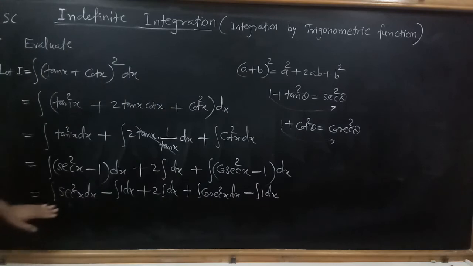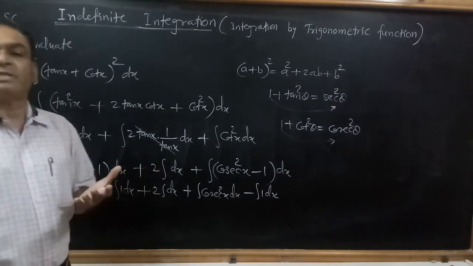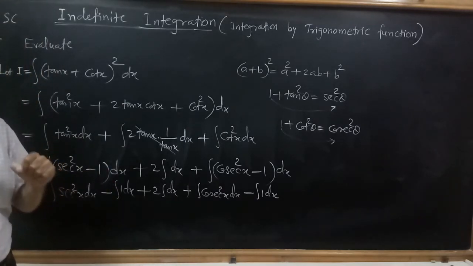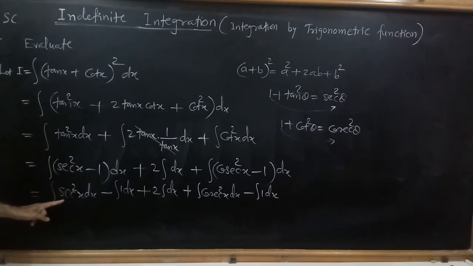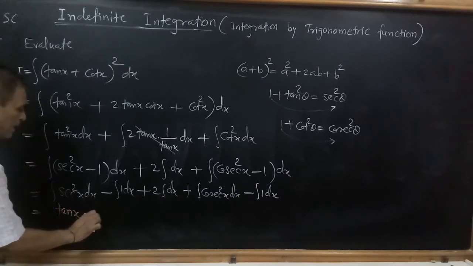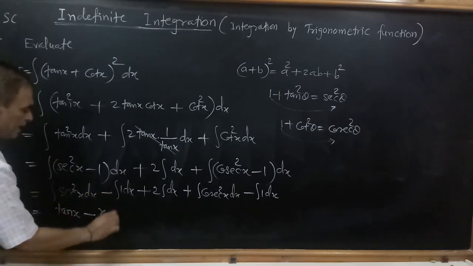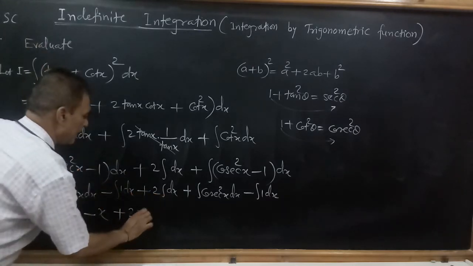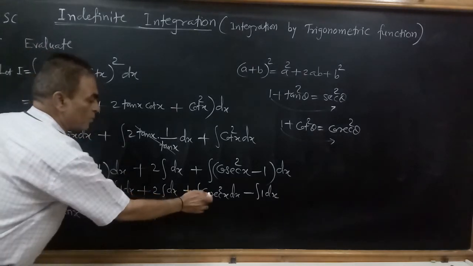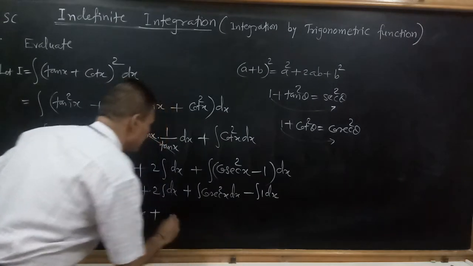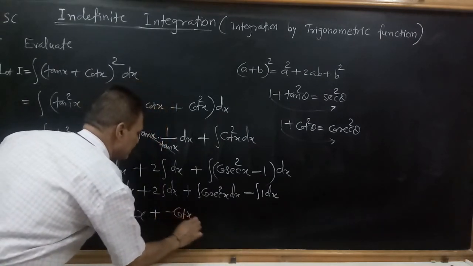Then you can remember the standard trigonometric formulas of integration. What is integration of sec square x dx? It is nothing but tan x, minus integration of 1 dx, which is x, plus 2 as it is. What is integration of dx? x. Plus what is integration of cosec square x dx? Minus cot x plus c.